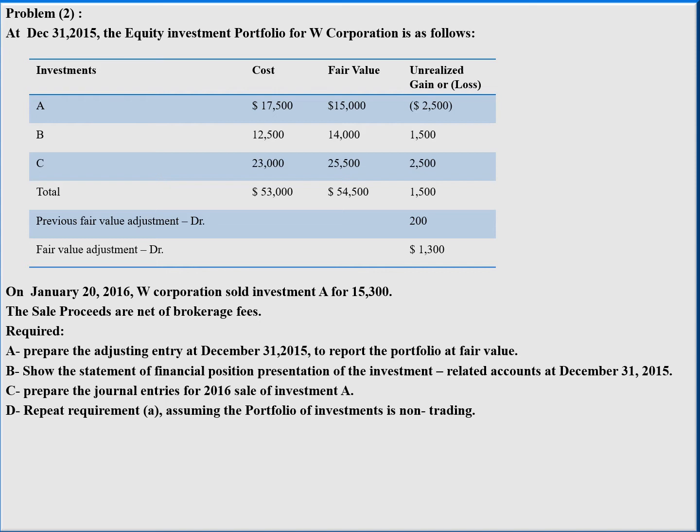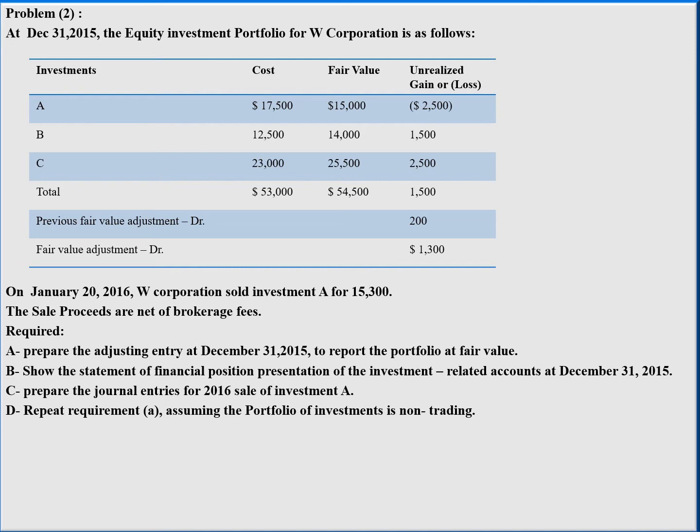$1,300. On January 20, 2016, W Corporation sold investment A for $15,300. The sale proceeds are net of brokerage fees. Required. Number A. Prepare the adjusting entry at December 31, 2015 to report the portfolio at fair value.